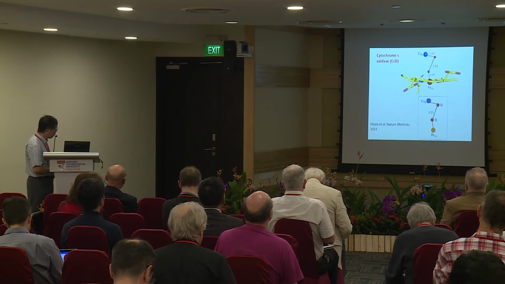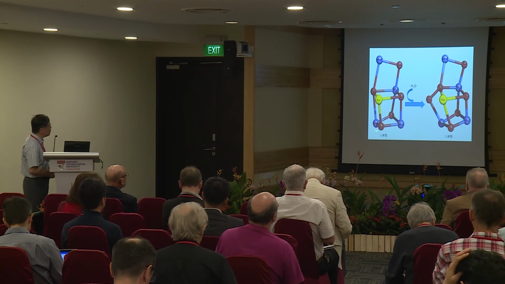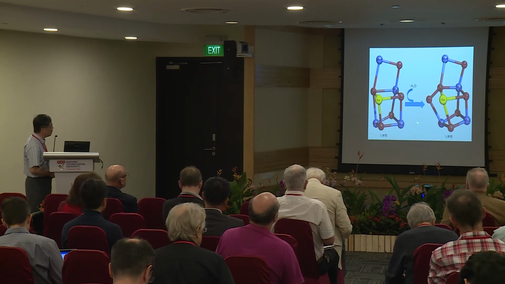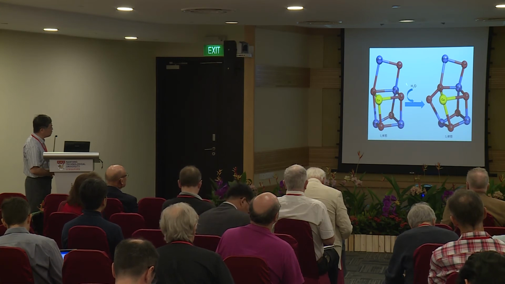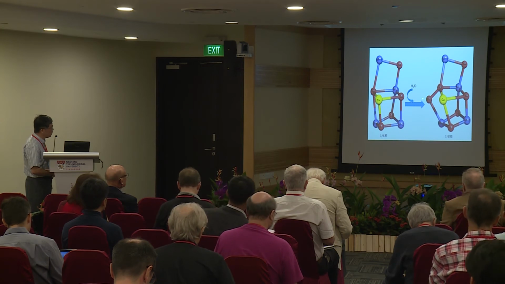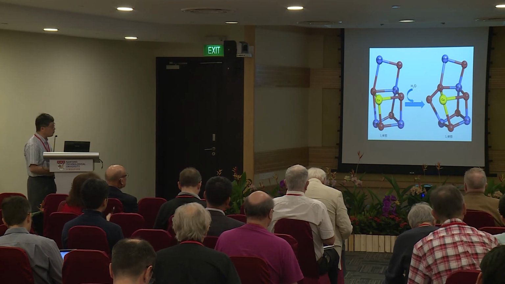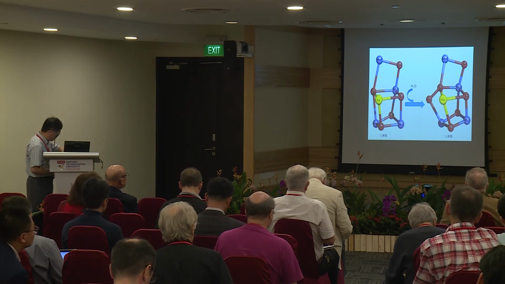So overall, the structure change from S1 to S3 is that this is the structure at the S1 state, and after two-flash illumination, there's a new water molecule, or oxygen, that comes close to O5 to make an O-O bond in this cluster.